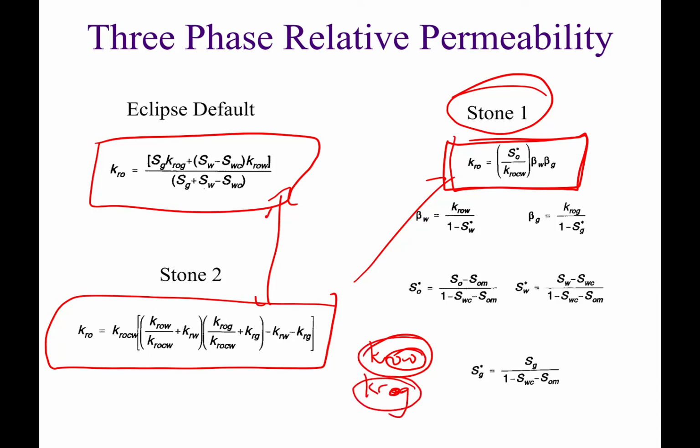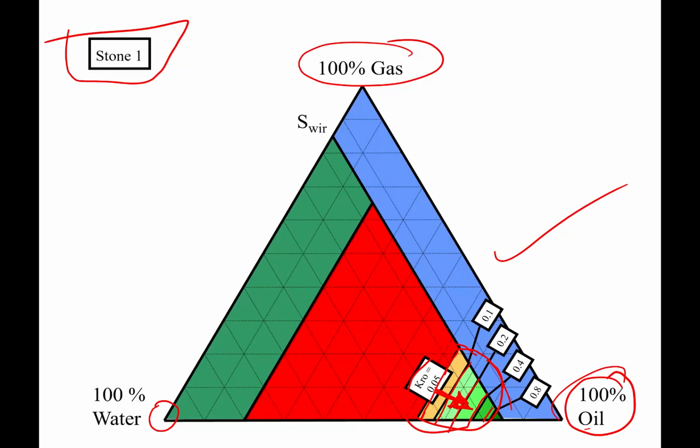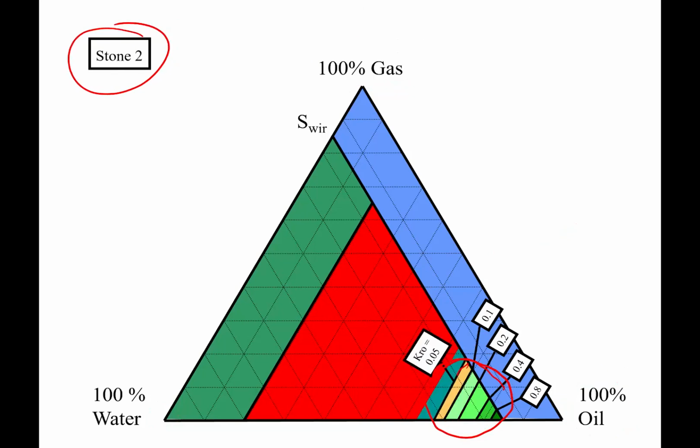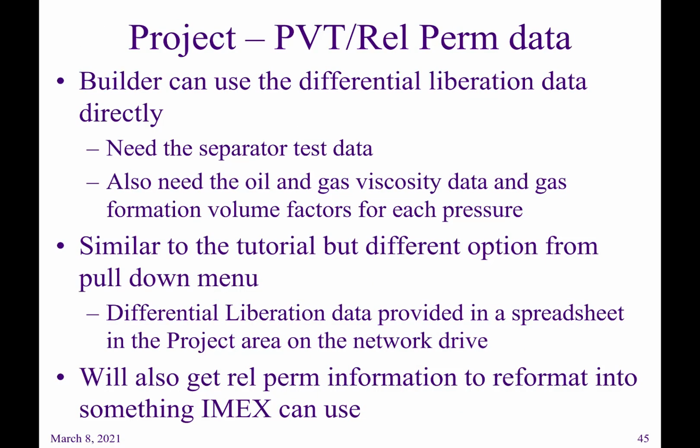So you combine two relative permeabilities together and you're able to get your 3-phase relative permeability models.